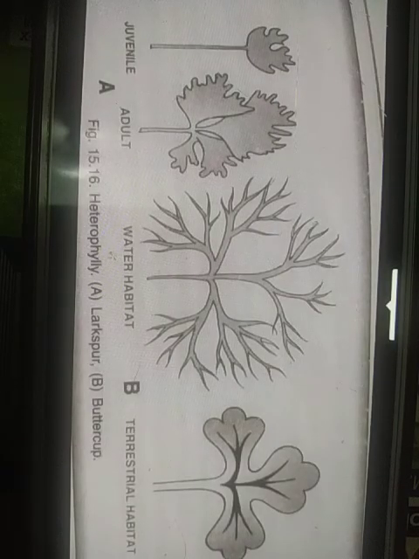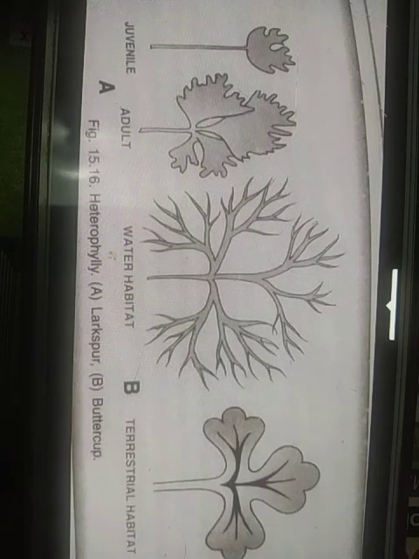Environmental plasticity is best seen in emergent hydrophytes like the buttercup, that is Ranunculus flabellaris. In both cases plants show heterophylly and a number of other morphological features.